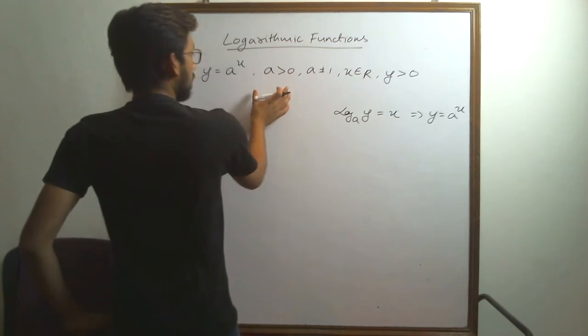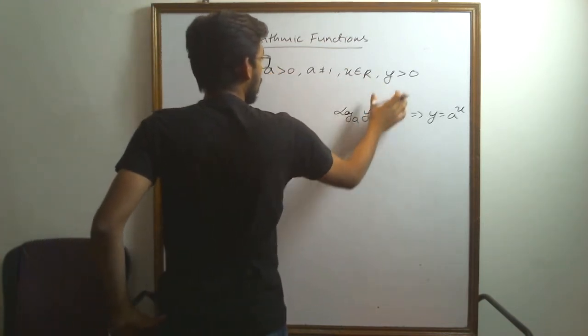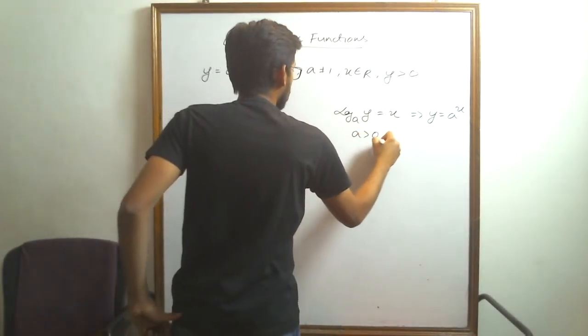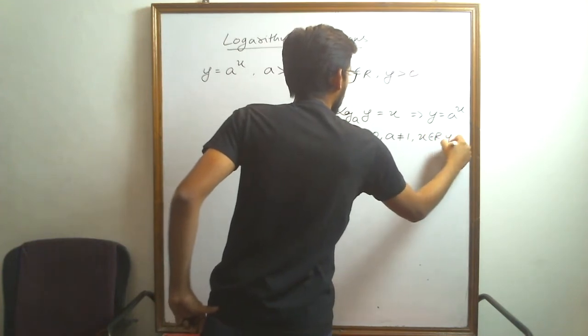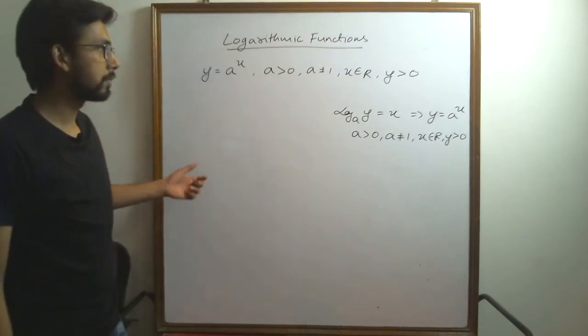Because it is the same thing written in a different way, the conditions will apply as it is. So the conditions are a is greater than 0, a is not equal to 1, x belongs to R, and y is greater than 0. The conditions are the same.